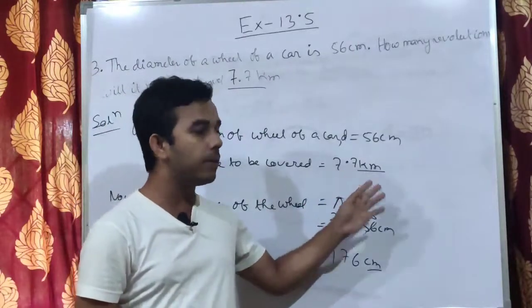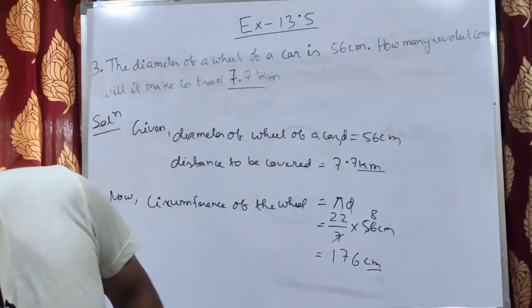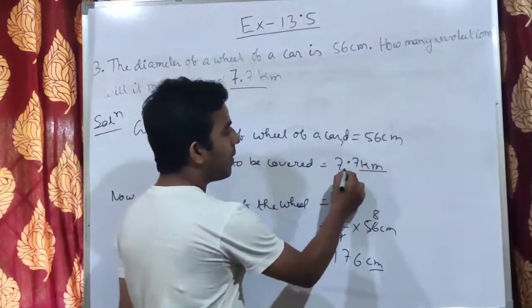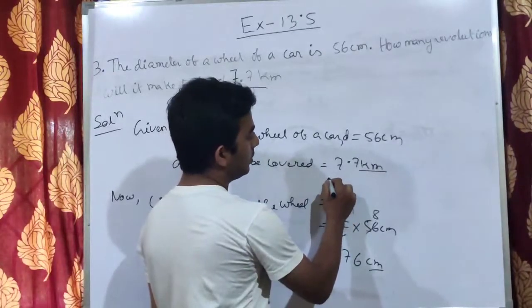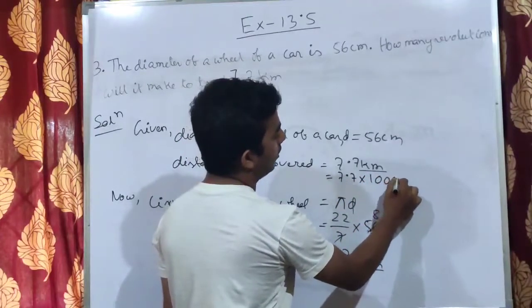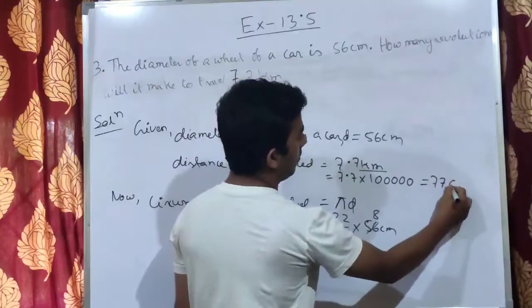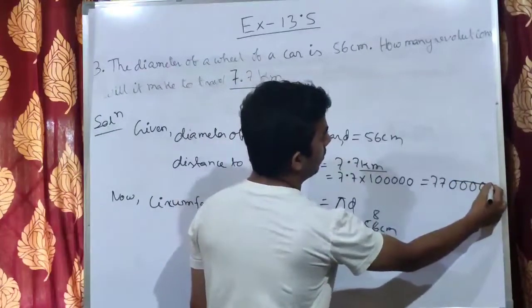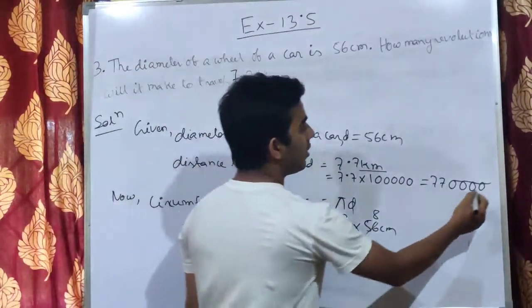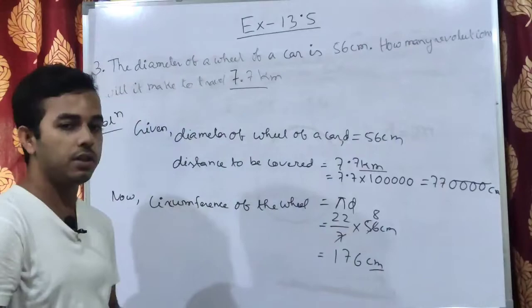So we multiply 7.7 with 1 lakh. The result will be 7,70,000 centimeter.